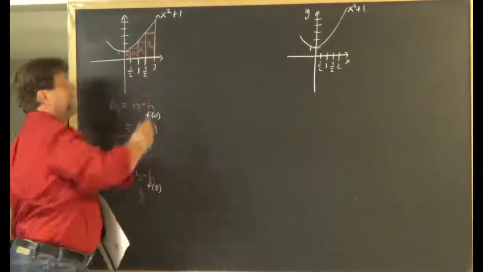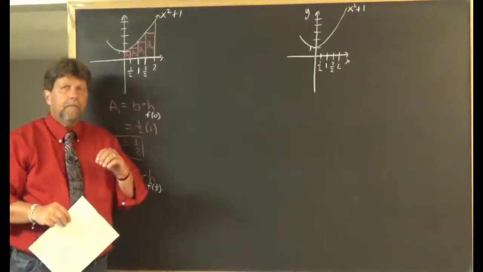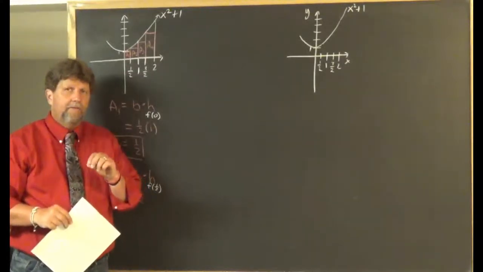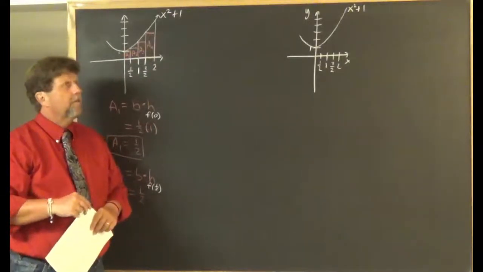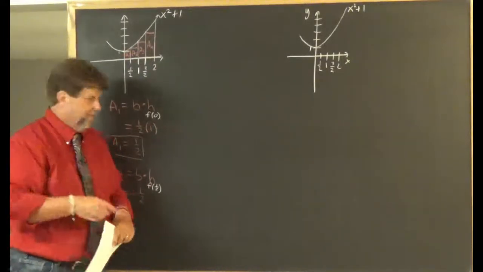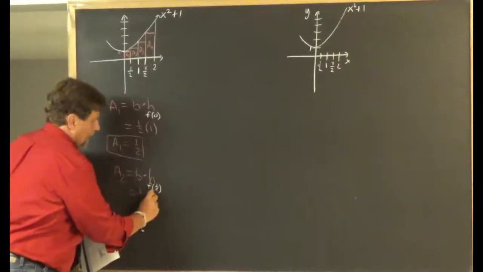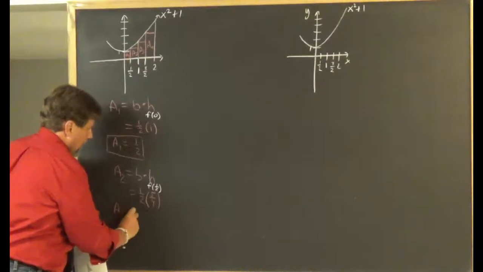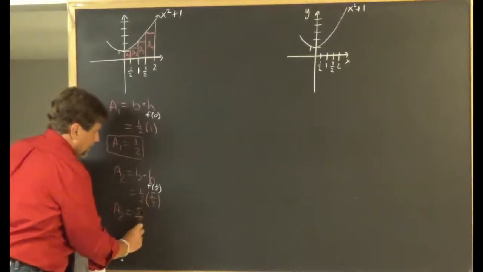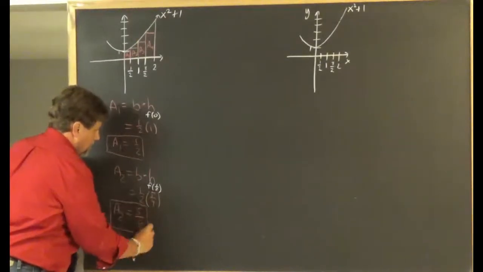So I put 1/2 in for x. So 1/2 squared is 1/4. 1/4 plus 1 is 5/4. So the height of rectangle 2 is 5/4. So the area of rectangle 2 is 5/8.